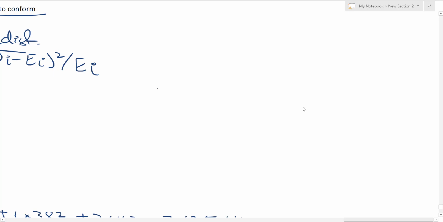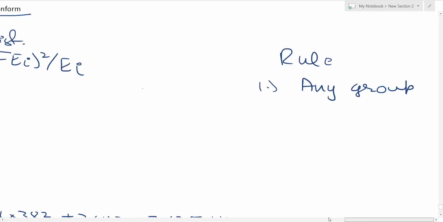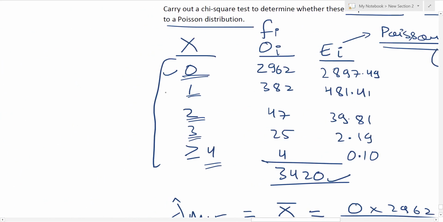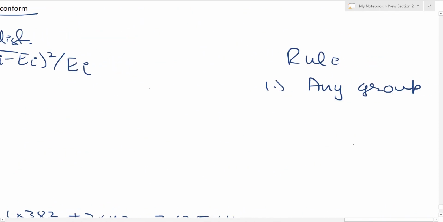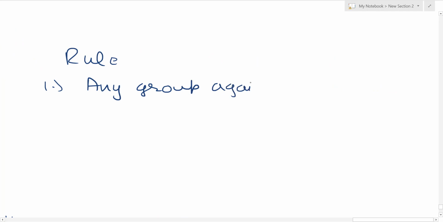There is a rule. I'll write a couple of rules here. Rule number 1 is that whenever you have any group, and these were my groups number 1, 2, 3, 4 and 5, any random variable value or any group against which EI is less than 5, this is a rule of thumb, remember it.